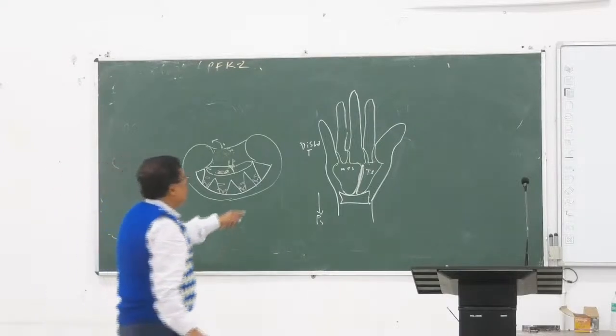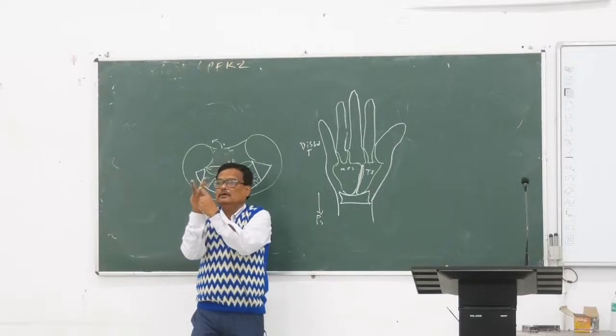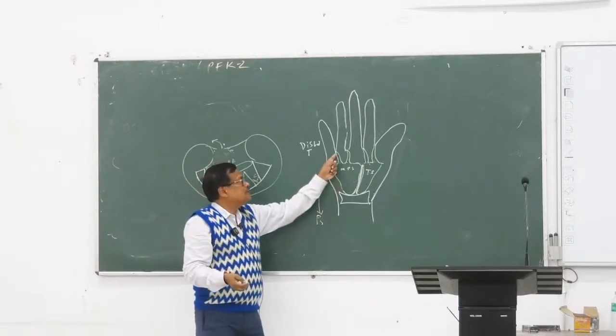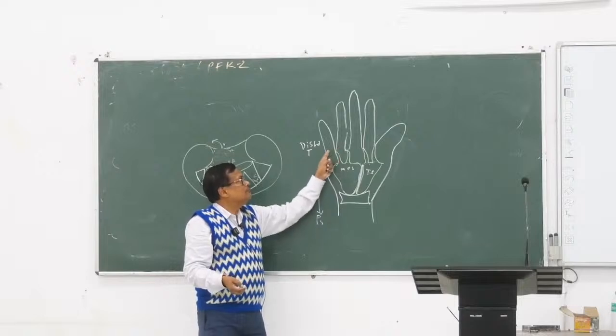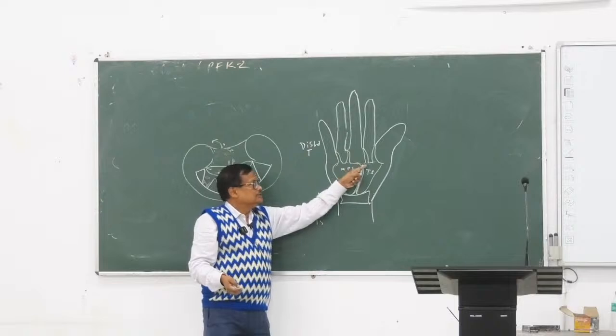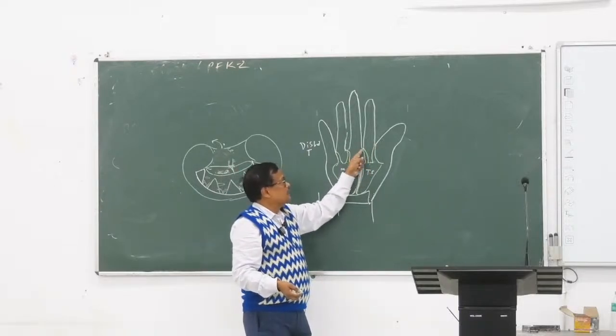And ultimately, it goes to the web space. This is called the web space. So, the mid palmar space extends into the web spaces of the fourth and fifth, and third and fourth fingers. Similarly, the thenar space extends into the first, second and third fingers.